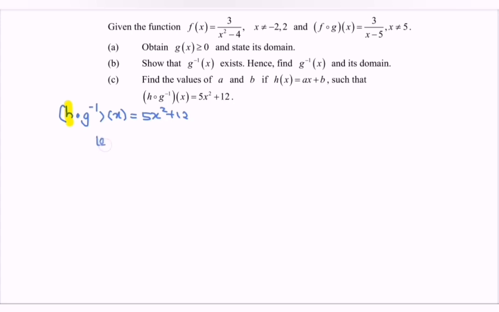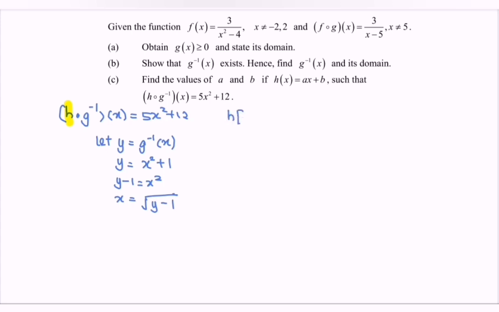Let y equal g inverse, so g inverse equals x squared plus 1. Express x as the subject. So y minus 1 equals x squared. So x equals the square root of y minus 1.